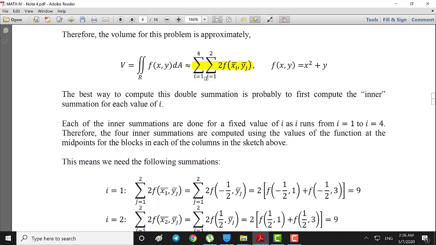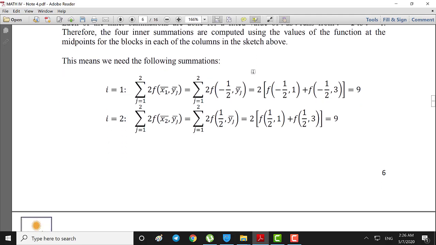So for i equal to 1, we calculate sigma j from 1 to 2 times f of x1 bar, yj bar. For i equal to 2, we calculate sigma j from 1 to 2 times f of x2 bar, yj bar, and so on.